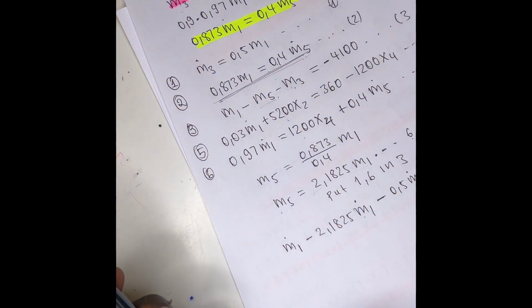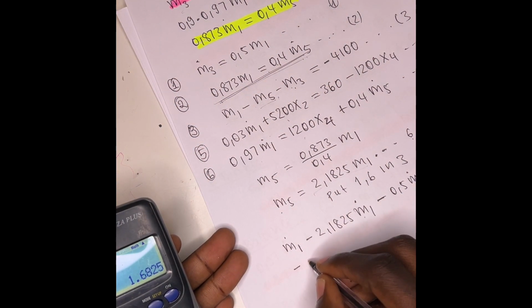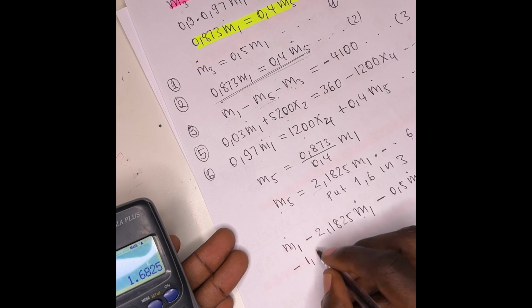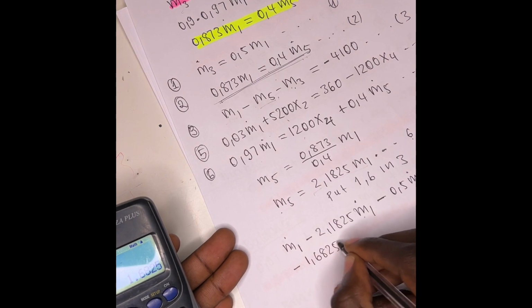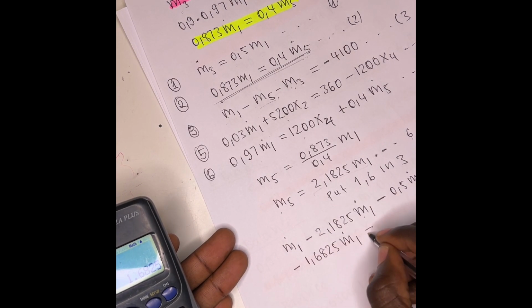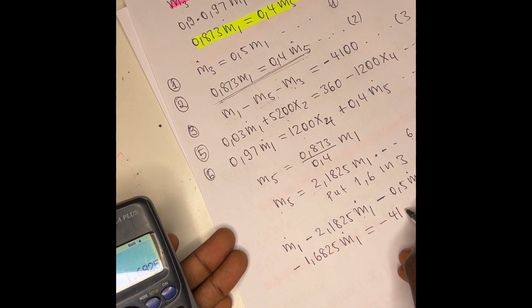So we say 0.5 and then plus 1. Here, if you do the subtraction, you just get 1.6825 M1 equal to minus 4100.